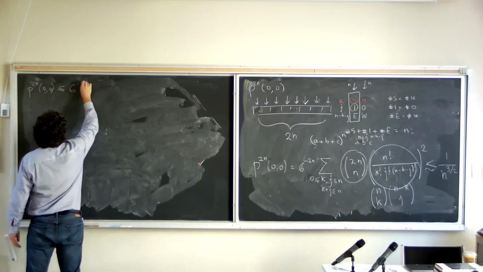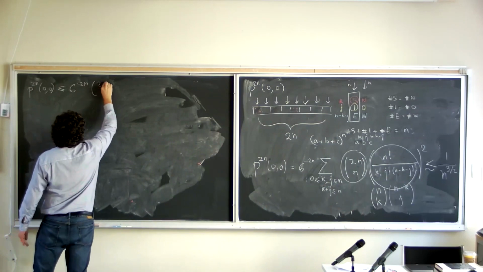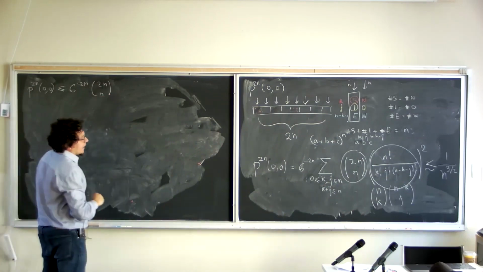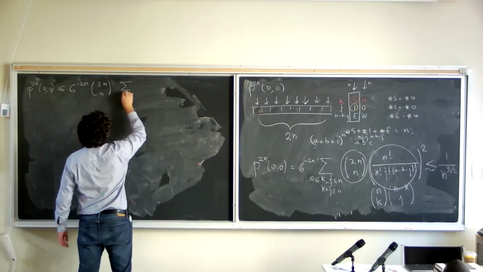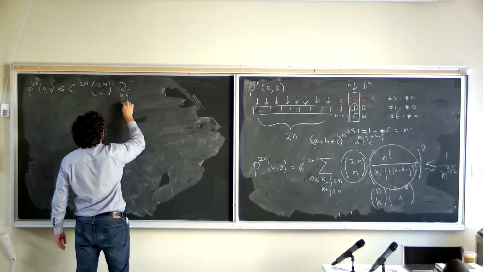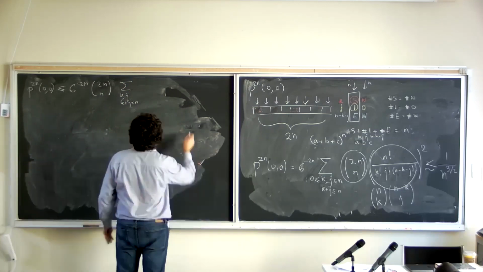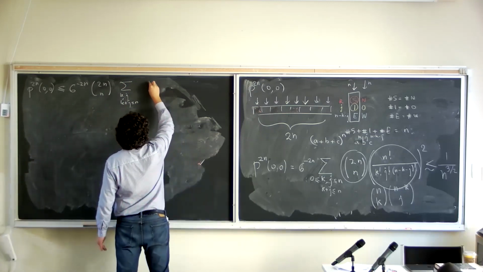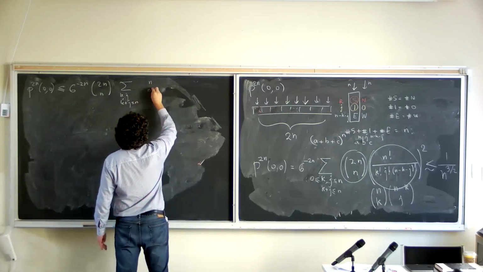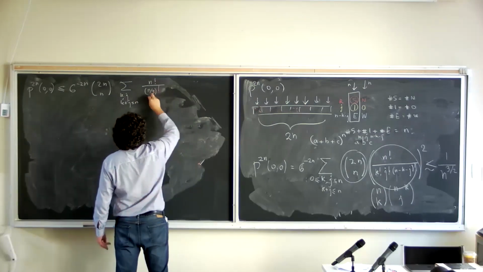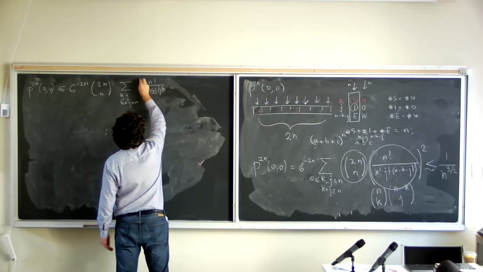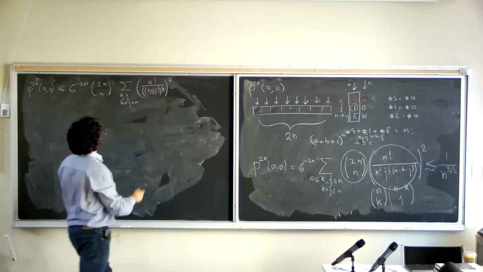This is 6 to the minus n, 2n choose n. And then we still have the sum over k and j with k plus j less than n. And then we have the following: we replace this by n over 3 factorial cubed, squared.